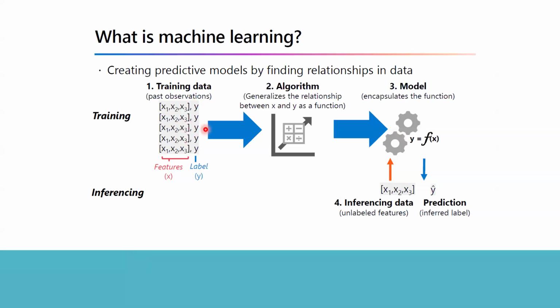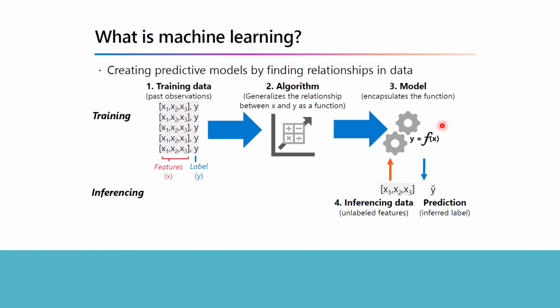So when we pass this data to our algorithm, there are a lot of machine learning algorithms, like logistic regression, decision tree, random forest, XGBoost, naive Bayes. Depending on our problem, we choose the algorithm and feed the training data.